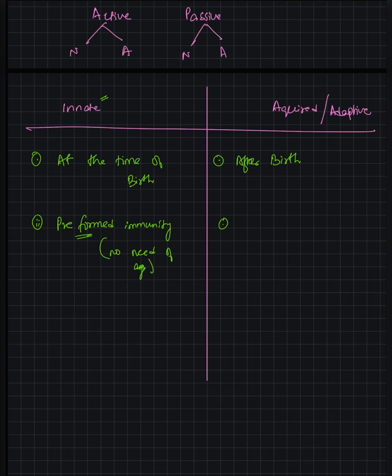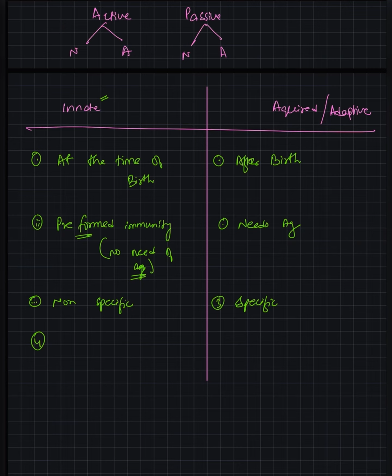But adaptive, which is after birth, it means it needs antigen. Next is it is non-specific. Since there is no need of antigen, we can say it is non-specific. And acquired is specific.